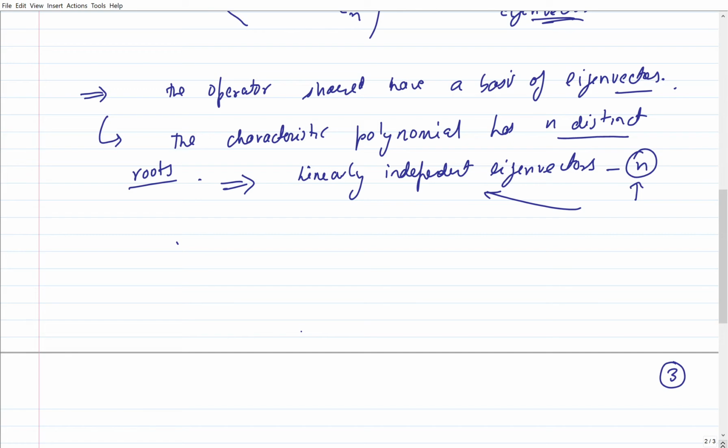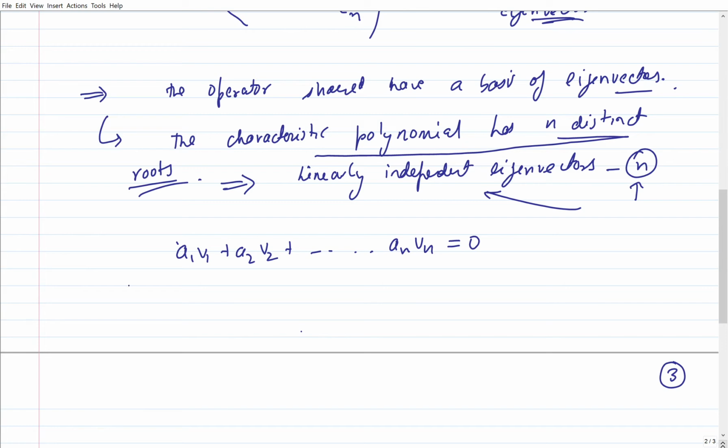So how do we prove that if the characteristic polynomial has n distinct roots, then it does have n linearly independent eigenvectors? Well, let's see. We can prove it by induction. Let's say we have this result at hand, our typical condition for linear independence. These are the vectors we need to see if they are linearly independent or not.